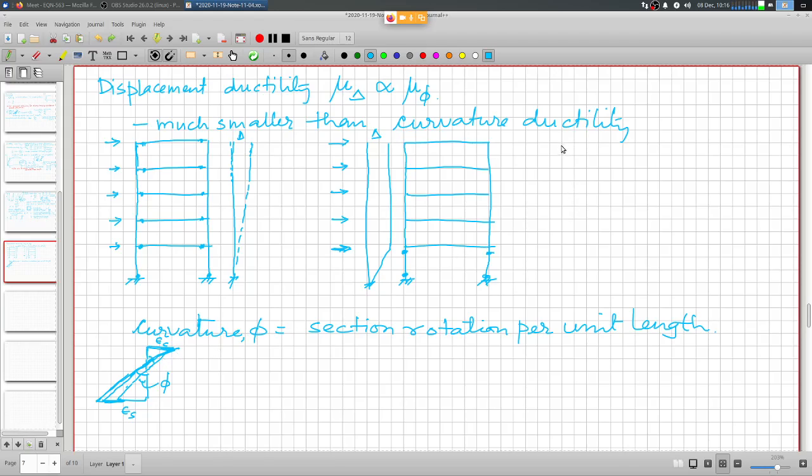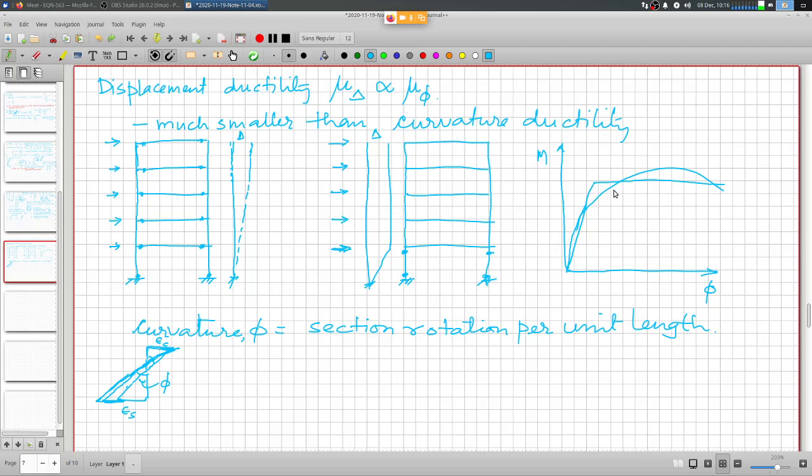Now the moment curvature relationship, as we discussed earlier, would typically be something like this, and you model it using a bilinear model.